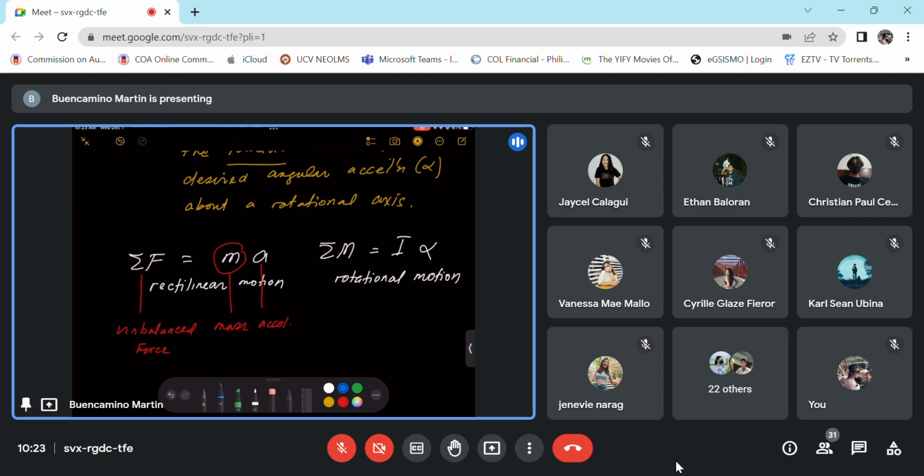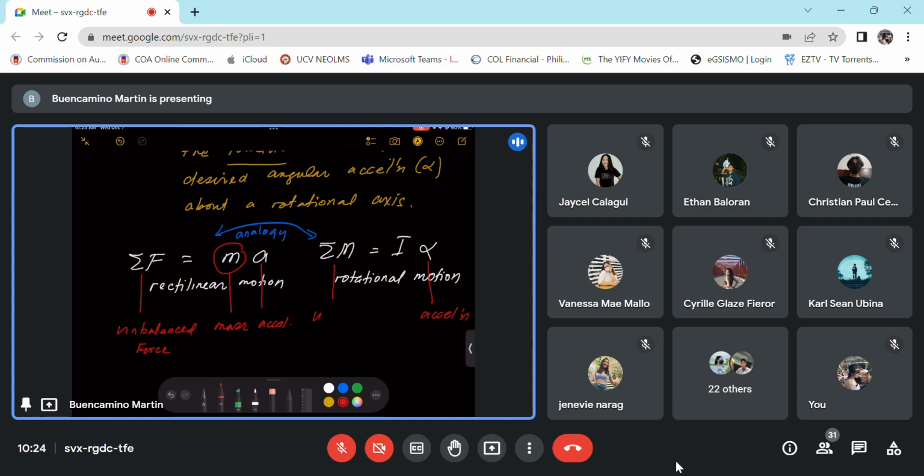And we have an analogy here. This is analogous to this. Ito yung kaniyang analogy na kung saan doon sa umiikot na bagay, kaya siya nakakaroon ng rotational motion, meron siyang angular acceleration din, dahil merong unbalanced torque.